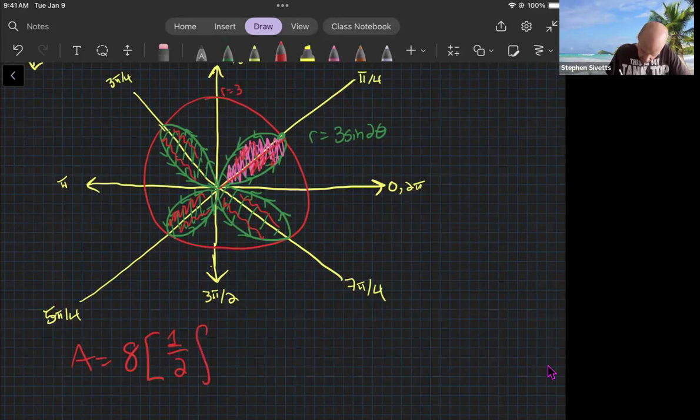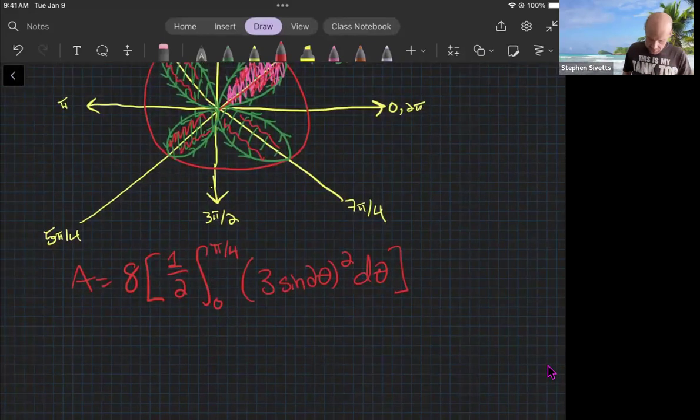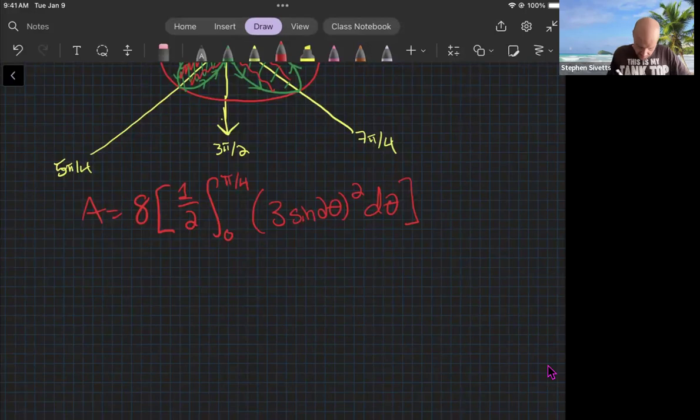So our integral will go from 0 to pi over 4 of (3 sine 2 theta) squared d theta. This equals 4 times the area integral from 0 to pi over 4 of 9 sine squared 2 theta d theta.